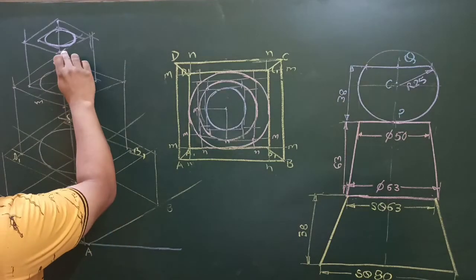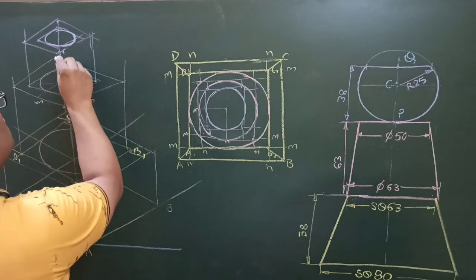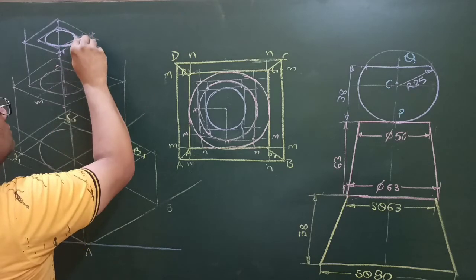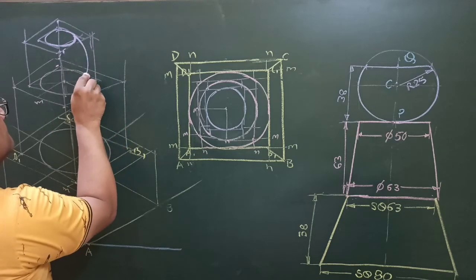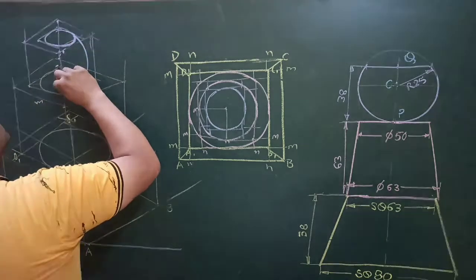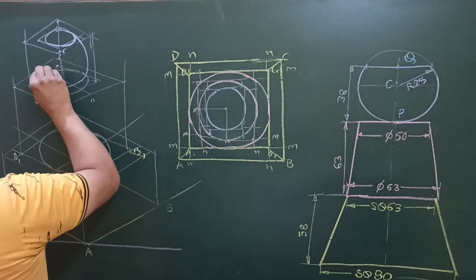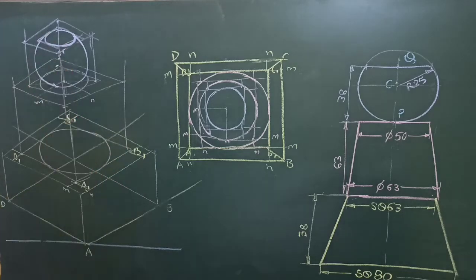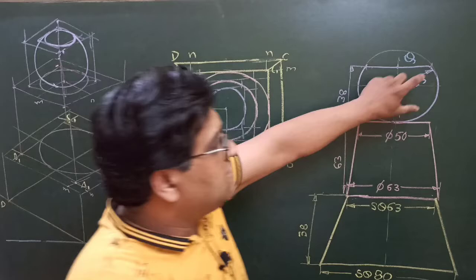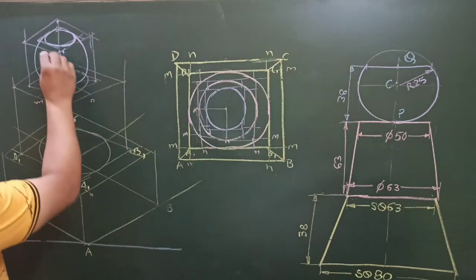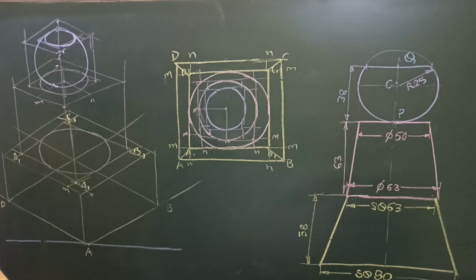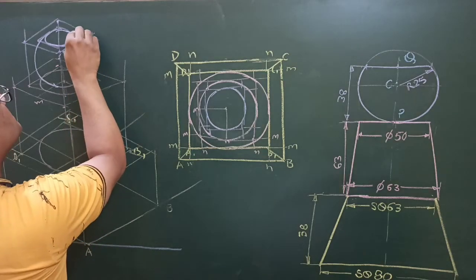Now taking this as center, draw a circle like this, which will be tangential to the topmost face, and thus we are getting this spherical part. Wherever it touches the ellipse, you have to touch up to that point. So this is the topmost face.